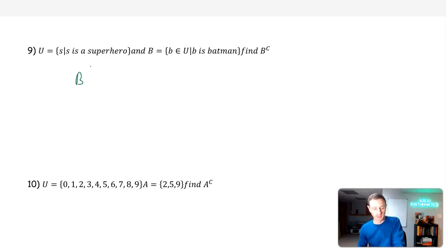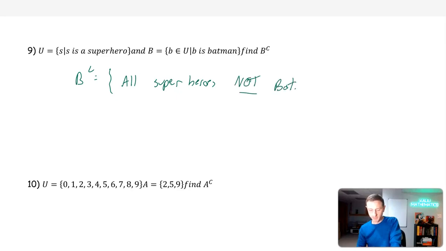Well, if the universe is all superheroes, and a single set is Batman, then the complement to Batman would be all superheroes not Batman. Because that's a complement. If the universe is superheroes, you have Batman plus everybody else, you get back that set of superheroes.